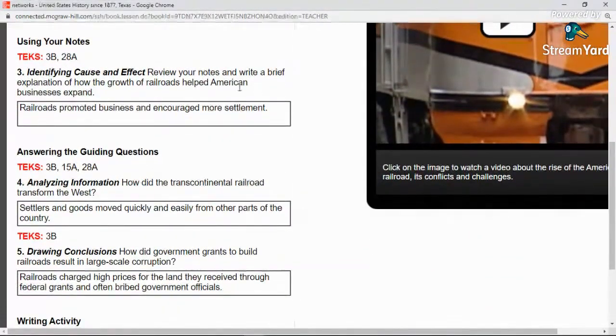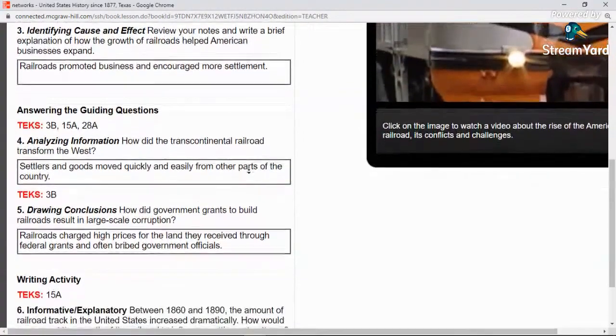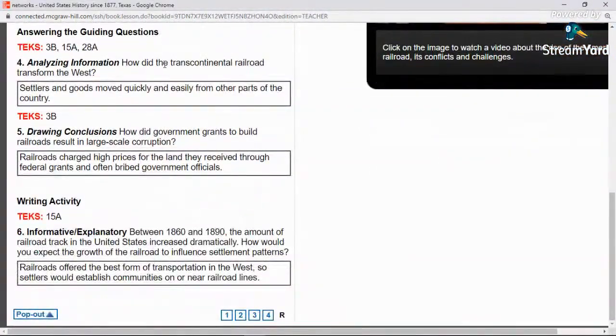How did railroads help American businesses to expand? Well, more people went out west to work because now we had this railroad there. So it was easy to travel from one part of the country to the other. How did the railroad transform the West? Well, you could move the goods, the manufacturers, from one part of the country to the other.